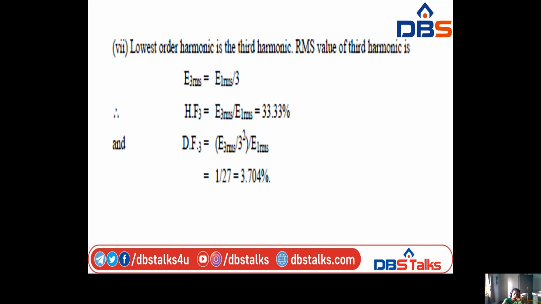Then you substitute, and you get 33.33 percent. So the distortion factor for the lowest order will be E3 RMS by 3 whole square by E1 RMS. Then we get 1 by 27, that will be 3.704 percent.